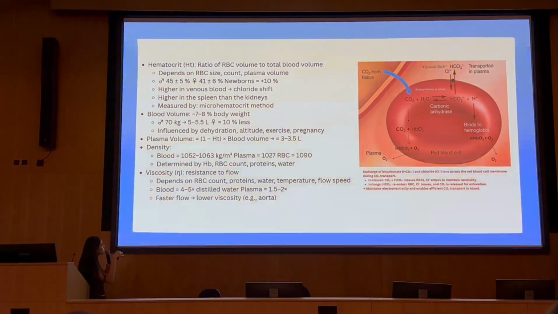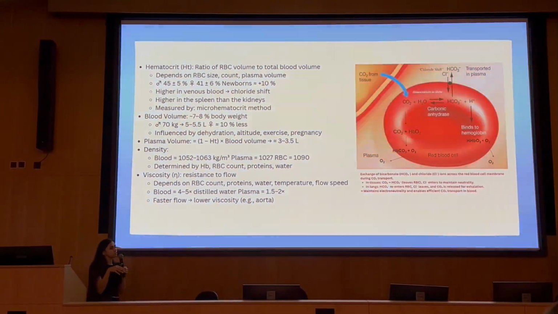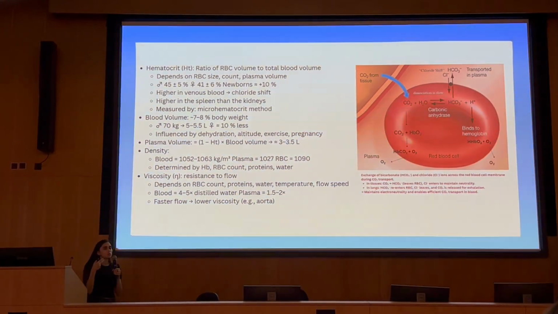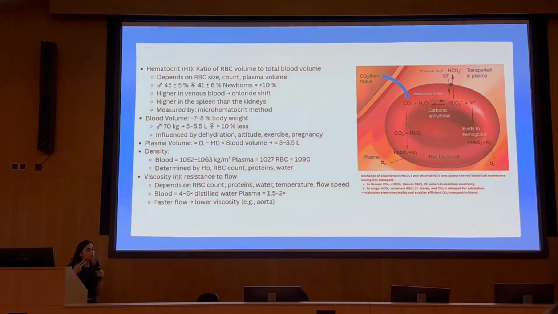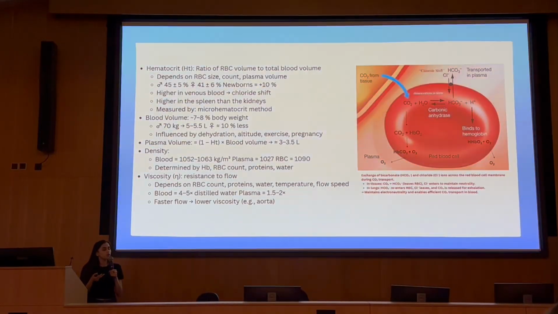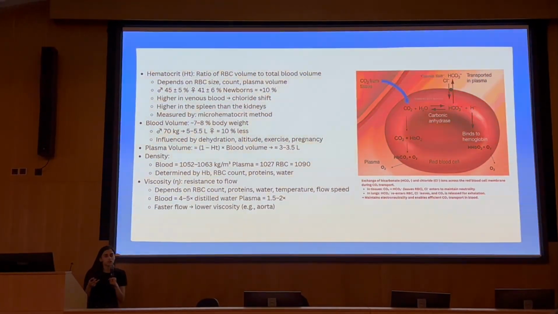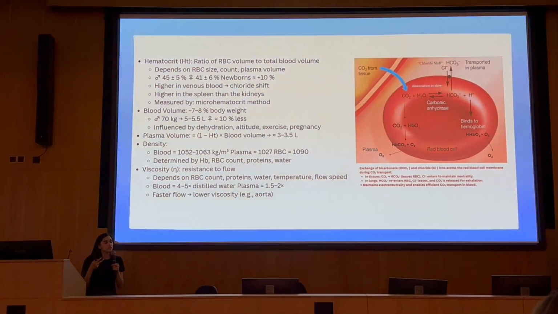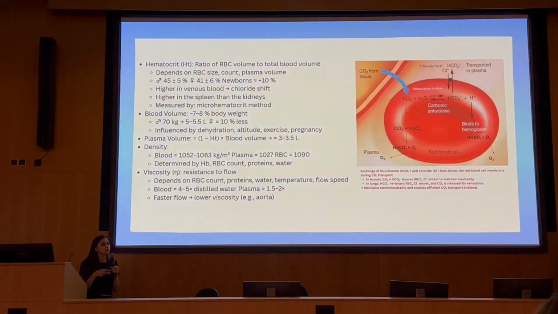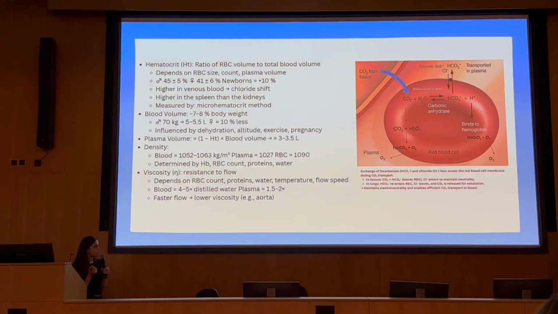And once it splits into H plus and HCO3 minus, H plus can be buffered by the hemoglobin, but HCO3 minus cannot be buffered. So there's a huge accumulation of HCO3 minus inside the RBC, and the HCO3 minus is forced to exit the RBC.